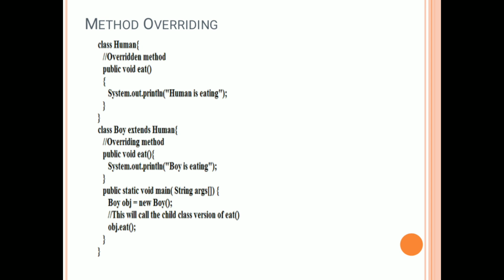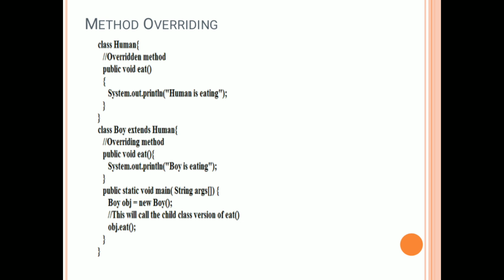The main difference between method overloading and method overriding is that in method overloading we have the same function name with a different parameter list, that is, with a different order or different signature. But in method overriding, the same method name and the same signature are followed.